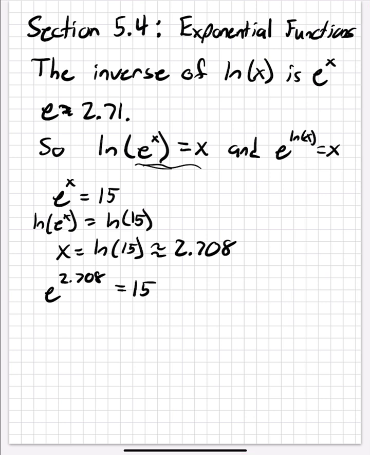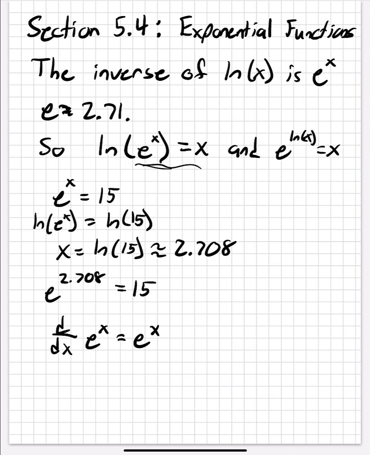Now from a calculus standpoint, one of my favorite things about the exponential function e to the x is that the derivative of e to the x is just e to the x.